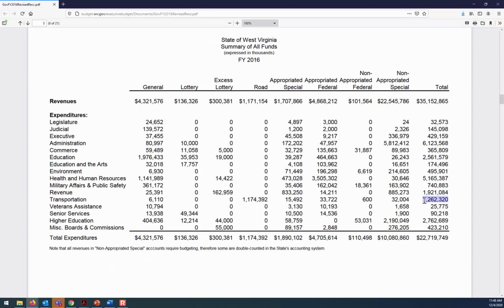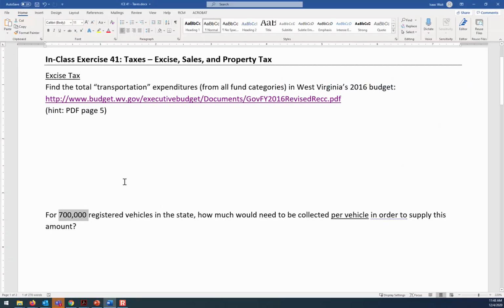So this is in thousands, so you've got this number times 1,000 to get how much the expenditures were. So take that $1.2 billion and divide it by the number of cars on the road, 700,000 cars registered in West Virginia. If you were going to try and collect the entire budget of the transportation department through vehicle registrations, how much would you need to collect per vehicle?